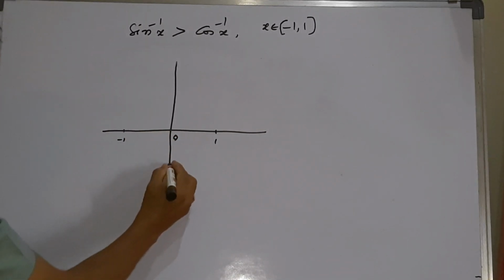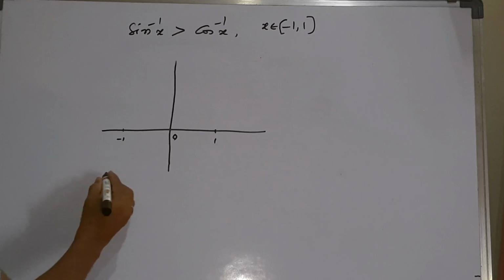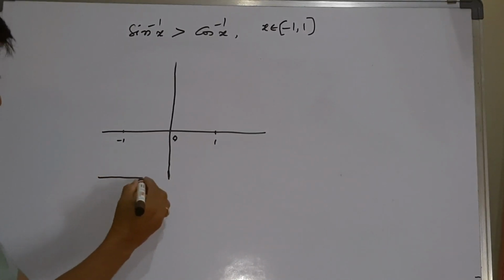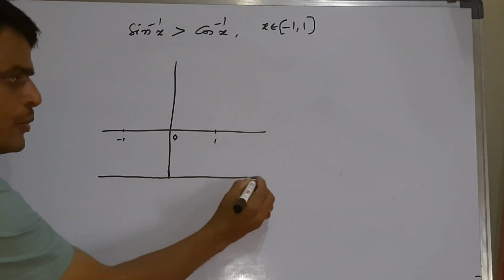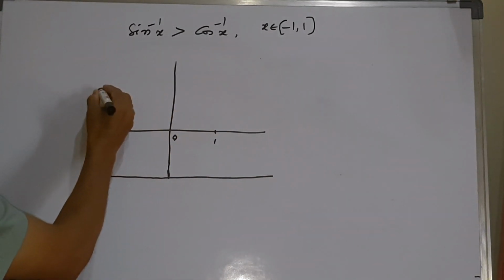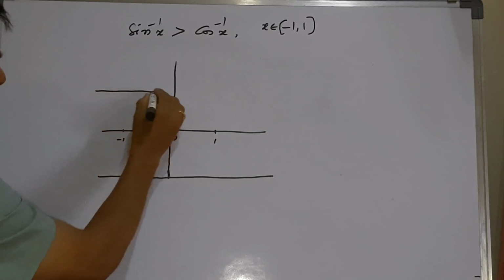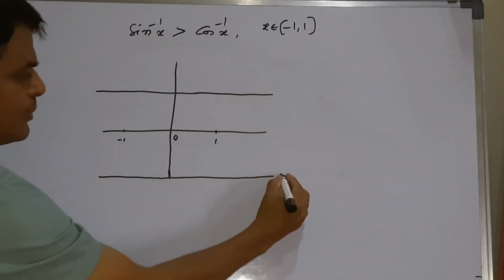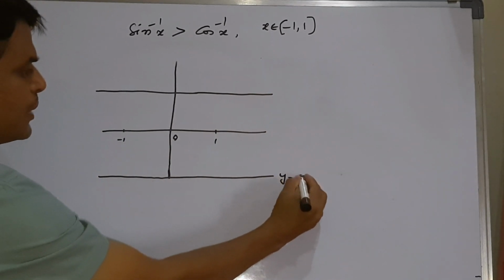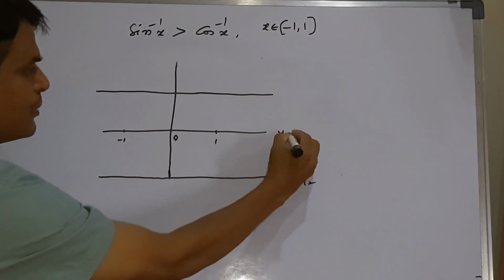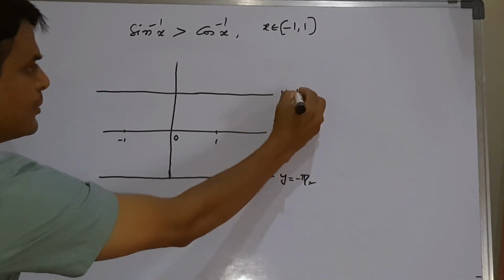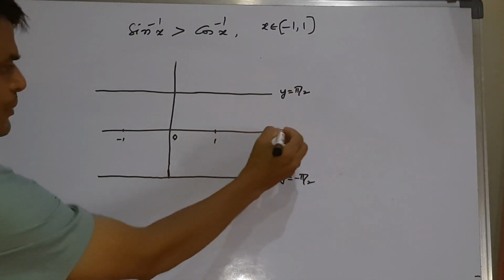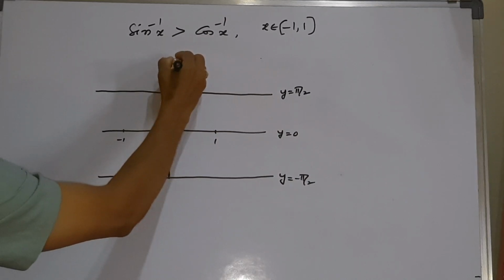The range of sin inverse x, we know it is going to lie between minus pi by 2 to pi by 2. And the range of cos inverse x is, this is the line y equal to minus pi by 2, this is the line y equal to 0, this is the line y equal to pi by 2. And the range of cos inverse x is closed 0 to closed pi.